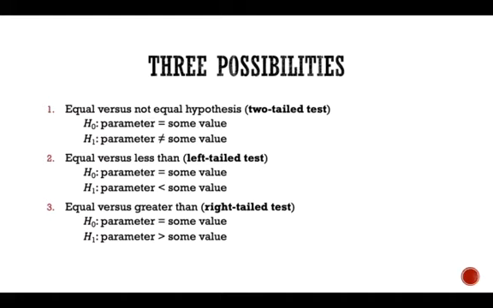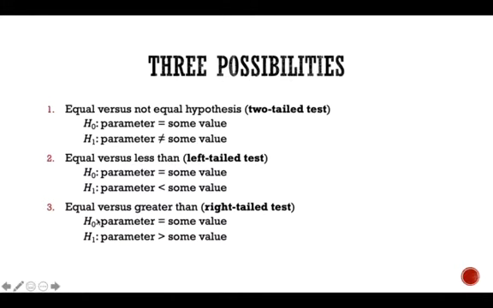My second possibility, equals versus less than. This is a left-tailed test. The null hypothesis, again, is a statement of equality. The alternative hypothesis, H sub 1 or H sub A, is that the parameter is actually less than. Notice here, if this is left-tailed, the inequality points to the left.